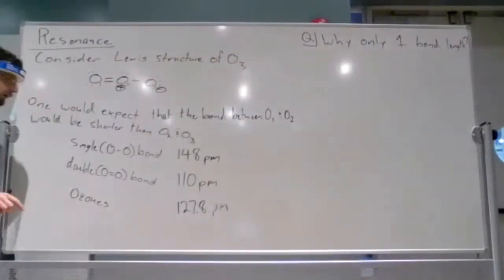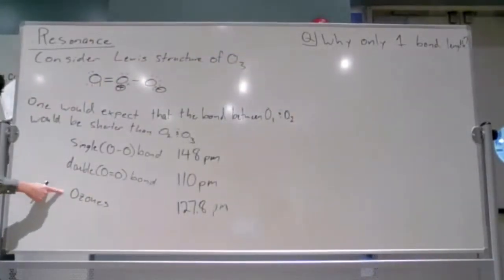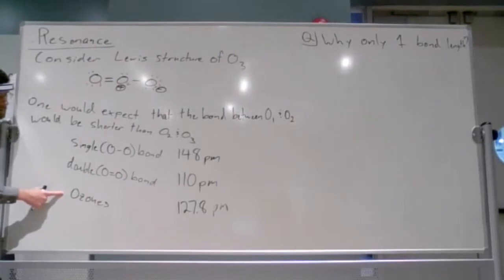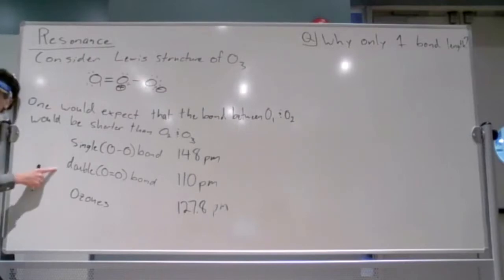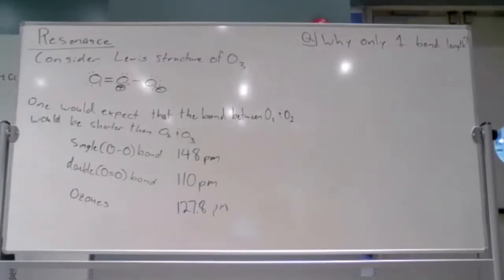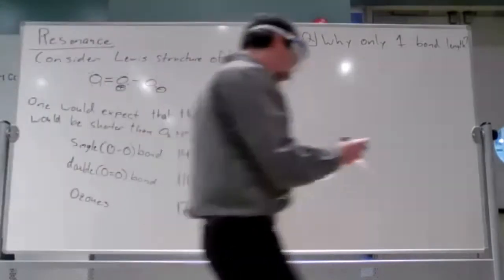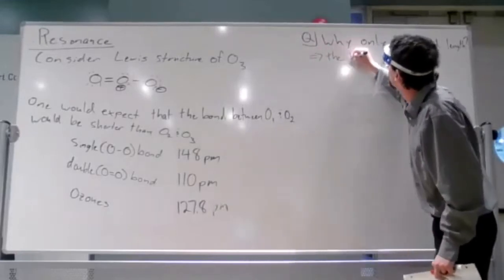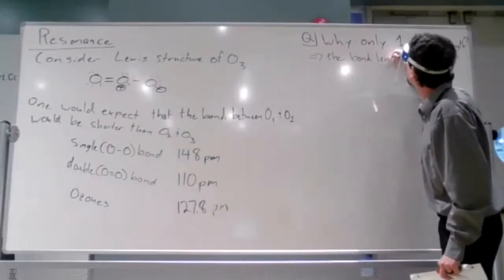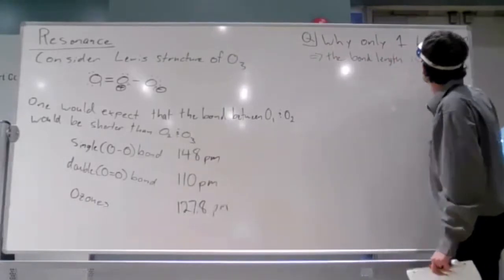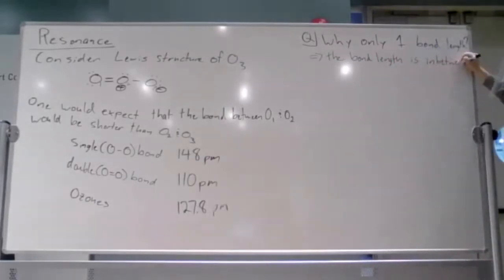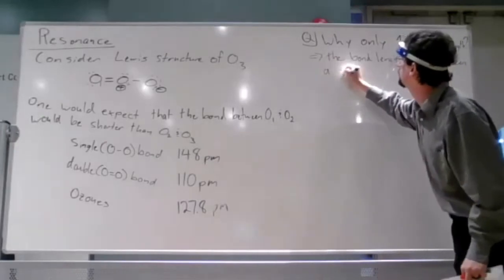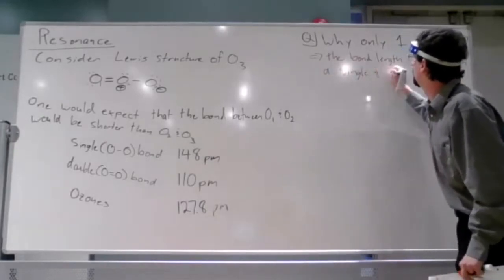And something else we're going to look at, what do you notice about that bond distance? Yeah, it's between these. What's going on here? So the bond length is in between a single and double bond.